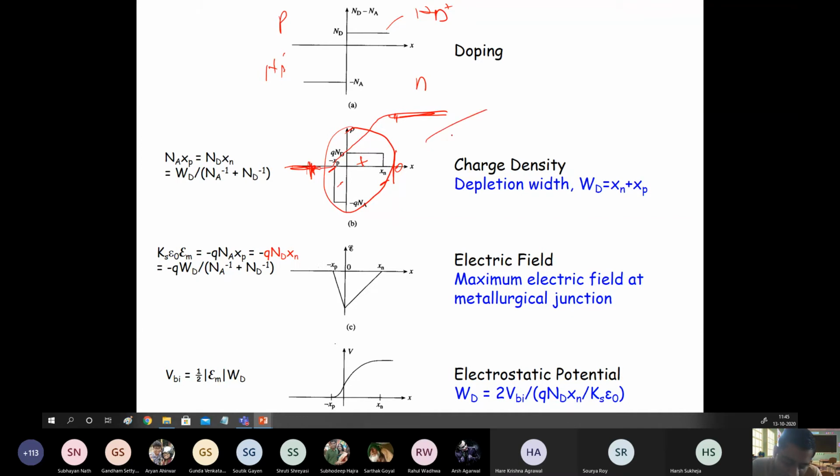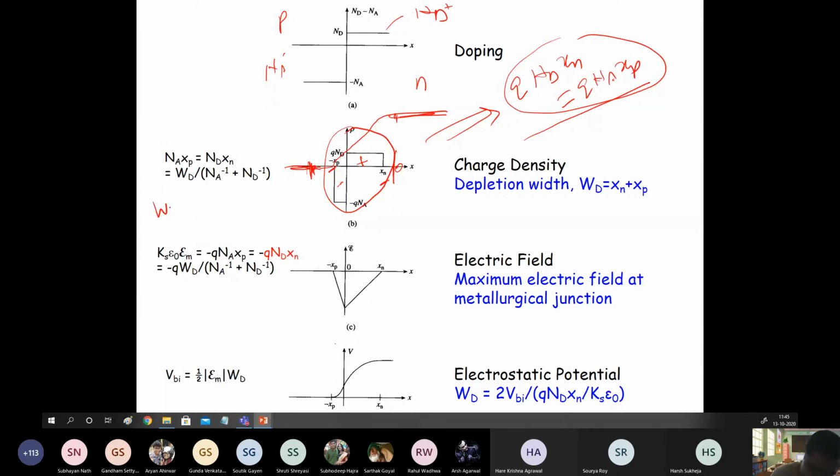So you can write Q times Nd times Xn equal to Q times Na times Xp. Now WD, the depletion width, is equal to Xn plus Xp.